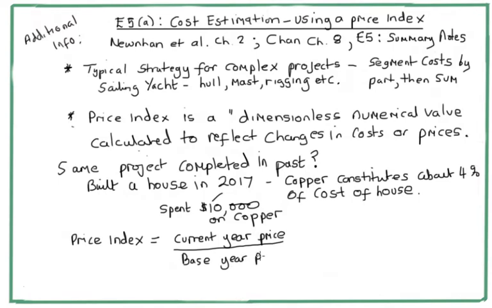As I mentioned in the notes, when you're using price indexes in calculations, you use them in decimal form, so you just divide the current year price by the base year price.